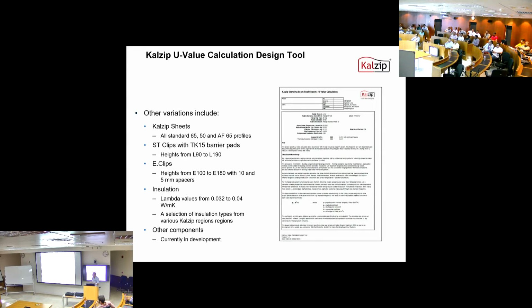And we can use different insulation products from different regions by just changing the parameters of the design tool. So we can put all the parameters in, it works out the sheet length, the thermal bridging effect of the clips, if you're using ST clips or aluminium clips, and it gives you a U-value performance.